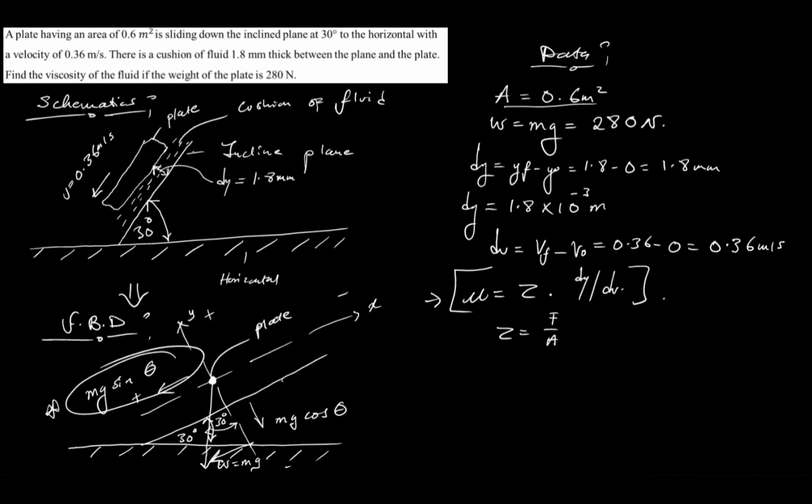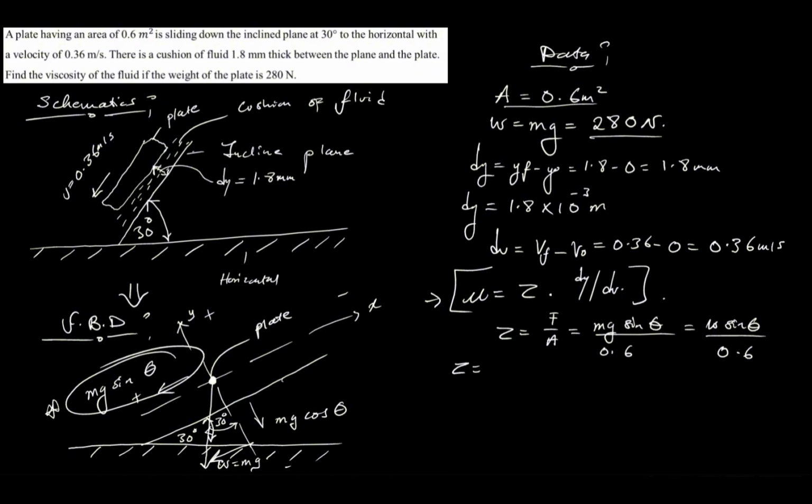So in our case, the force on top is mg sine theta divided by the area, which is 0.6. Now remember, mg is weight. So we have weight sine theta divided by the area, which is 0.6. So shear stress is equal to, the weight value that we have is 280.